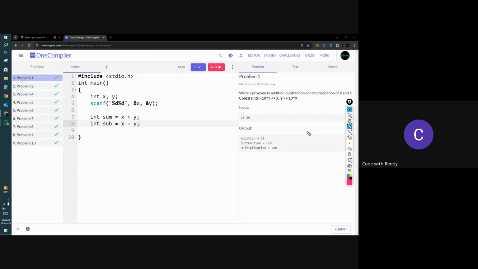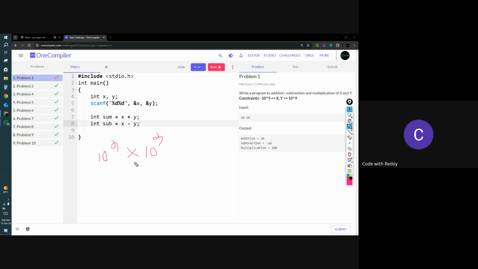Okay. Now, for the multiplication, now come to the main important point. Look, the maximum value of x can be 10 to the power 9, and the maximum value for y can be 10 to the power 9.